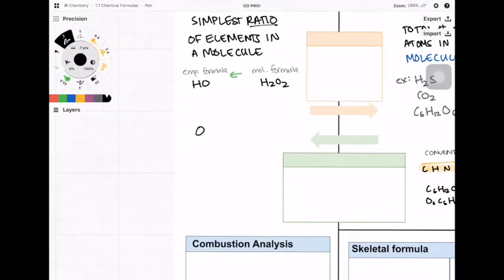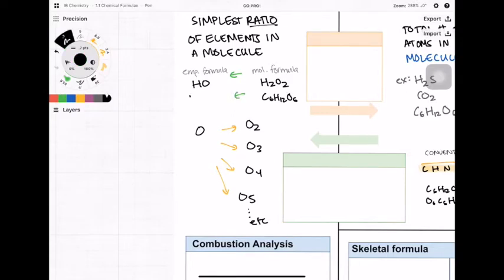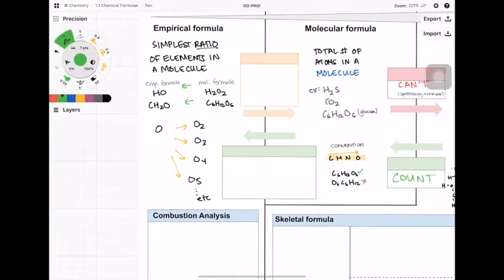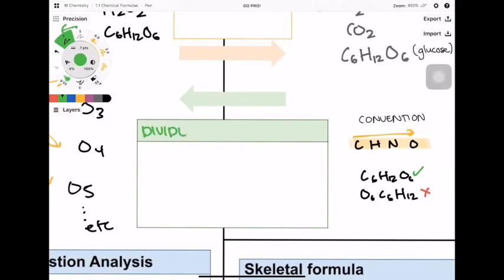It's a 1-to-1 ratio. The simplest ratio is 1-to-1. And so the empirical formula is HO. If we have an empirical formula of O, then our molecular formula can be any of O2, O3, O4, or O5, etc. Taking one last look at another example, we have glucose there, and again the empirical formula is CH2O because it's a 1-to-2-to-1 ratio.